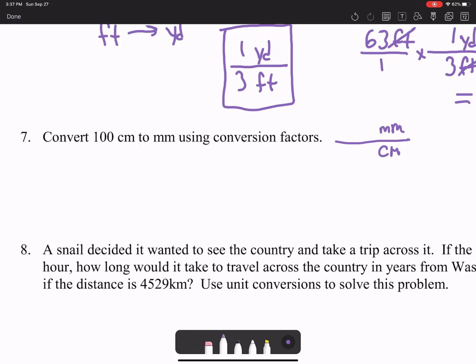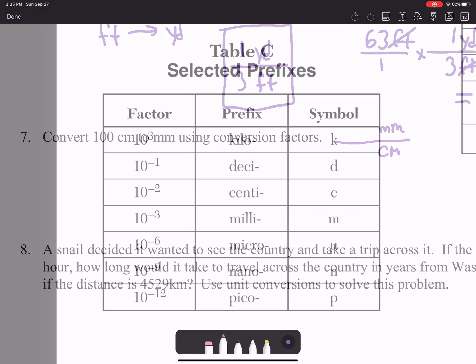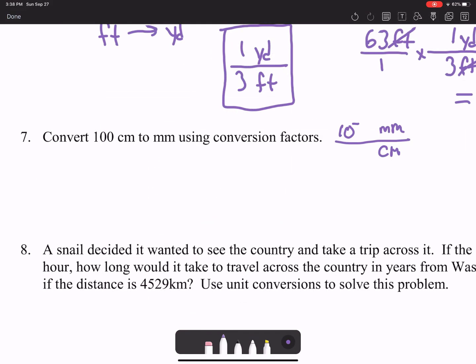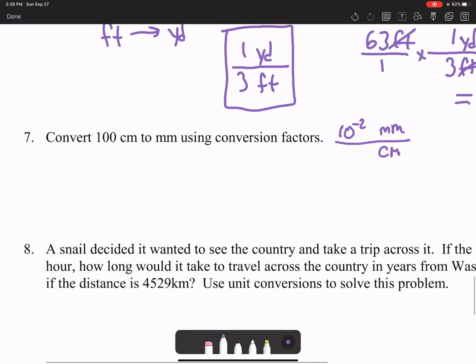And if you recall, to set up a conversion factor between two prefixes like this, we go to the reference tables and we crisscross the numbers that are next to the prefixes to the other prefix. And so in front of the millimeters, we're going to have 10 to the negative 2, because that's in front of the centimeters. And in front of the centimeters, we're going to have 10 to the negative 3, because that's what's in front of the millimeters on the table.